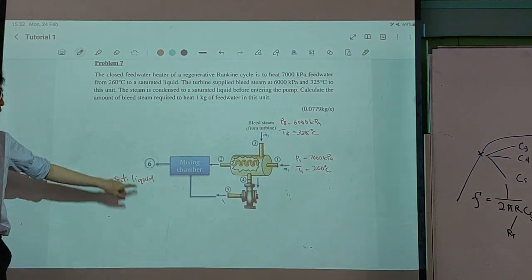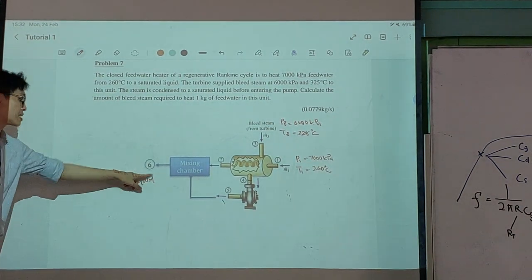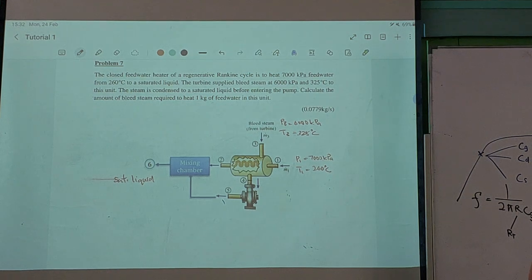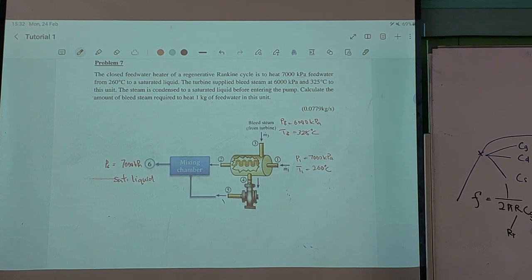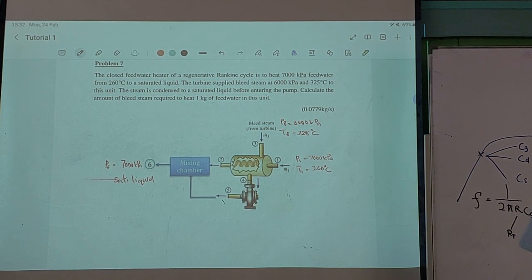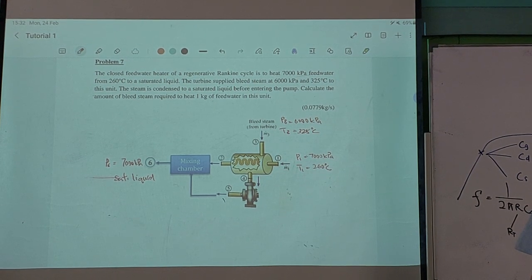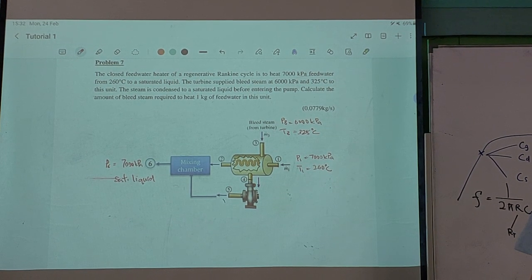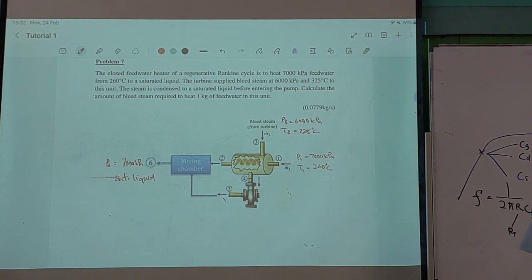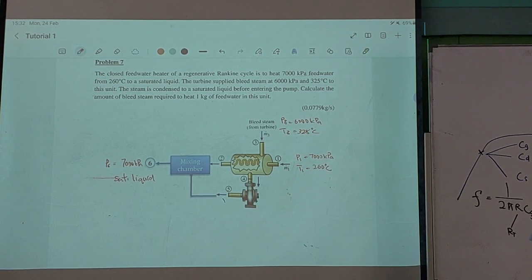Okay, so what happens here is this will actually stay at the same pressure. This wasn't said explicitly, but yeah. So here it will just go through. The function of the pump is actually to pump the bleed steam back to the same pressure before we mix them up. So that is also why the outlet will be 7,000 kilopascal, because if you are mixing them at different pressures, then they will change again.